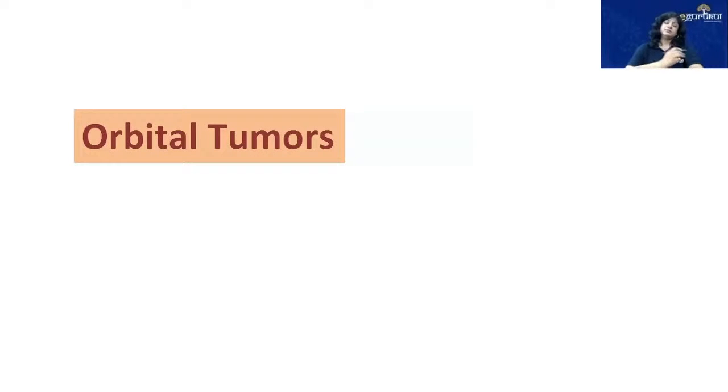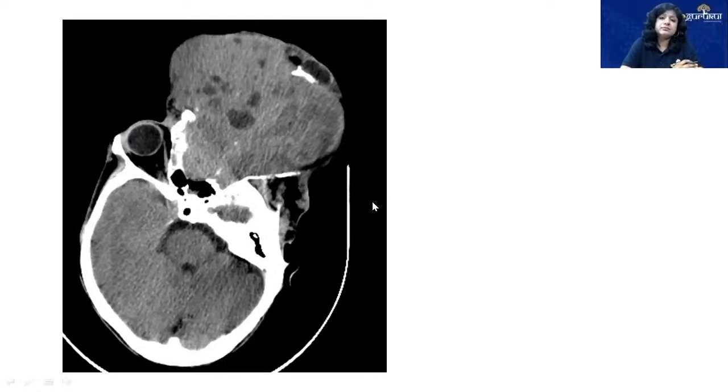Orbital tumors. Now, when you talk about orbital tumors, some present with proptosis, some do not. When orbital masses are pushing the orbit forward, obviously they will present with proptosis or exophthalmos. In a young boy, if you see an orbital mass, the first possibility that should come to your mind is an orbital rhabdomyosarcoma, originating from the extraocular muscles.